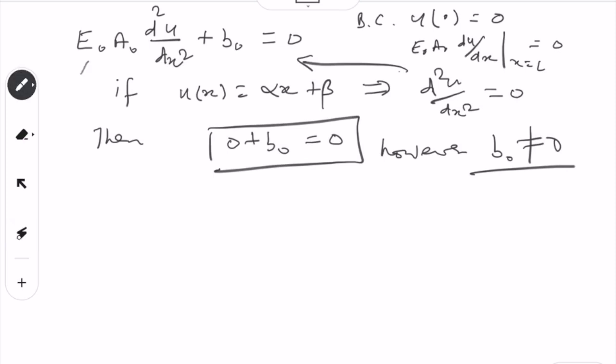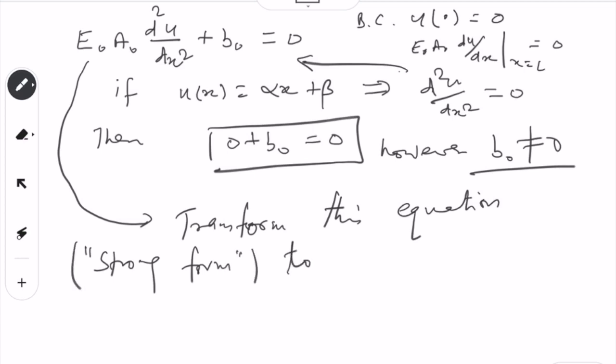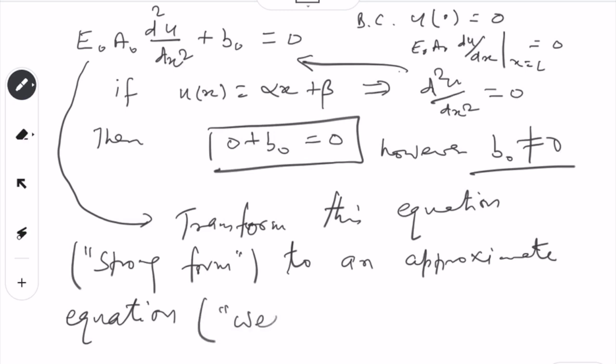We have to transform this equation, or the strong form, to an approximate equation, which we call the weak form.